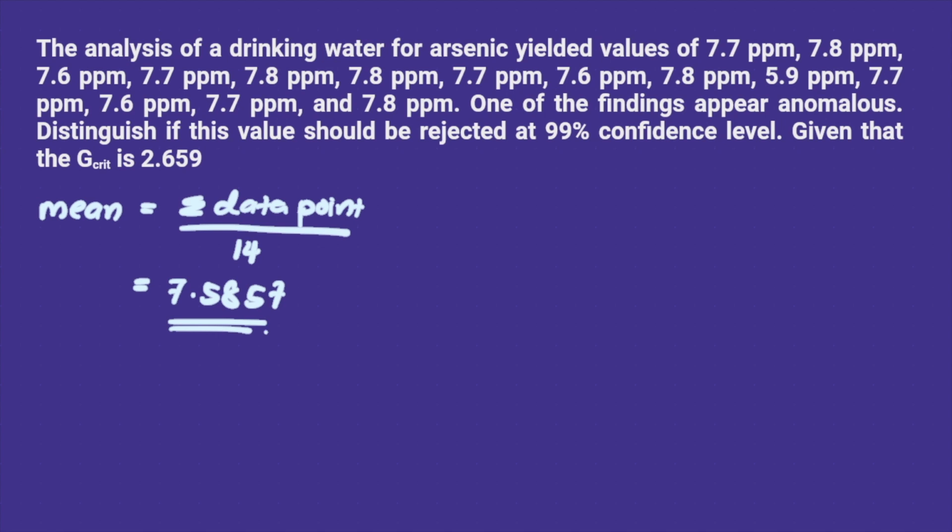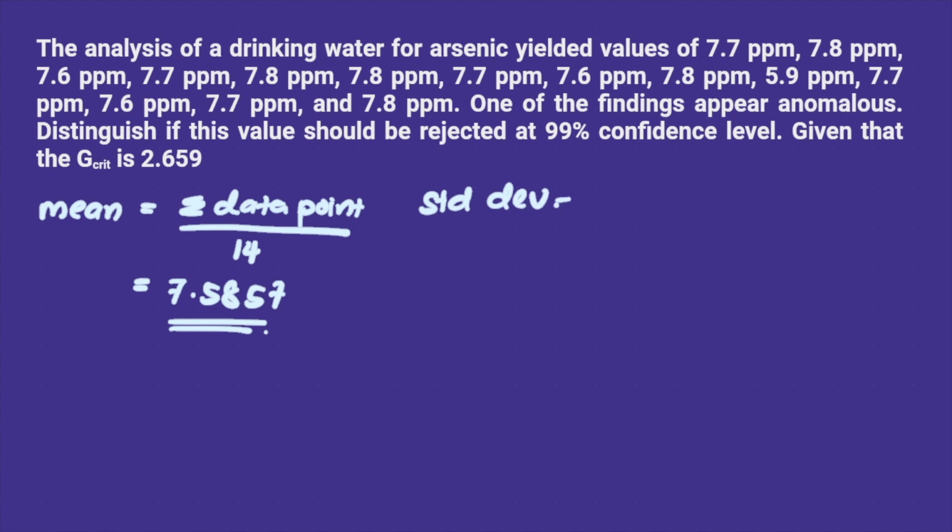Then, for each data point, you need to subtract the value of the mean, and then square it. After you have done that for all the data, you can find the standard deviation.